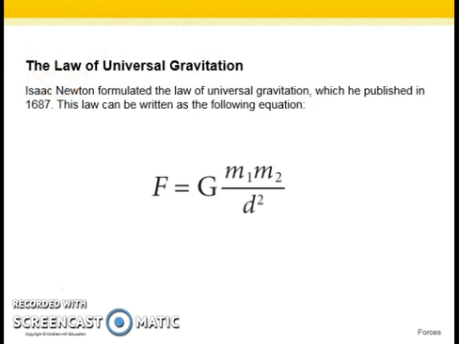The law of universal gravitation. Sir Isaac Newton formulated the law of universal gravitation, which he published in 1687. This law can be written as the following equation.